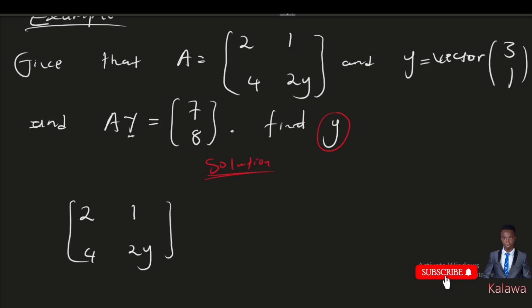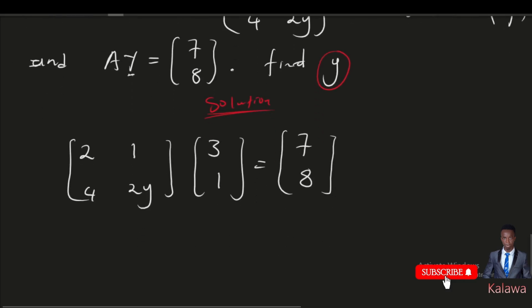Remember, Y is a vector. The vector is (3, 1). And then they say AY equals what? 7 and 8. So we have set it this way, and then they ask us to find Y.